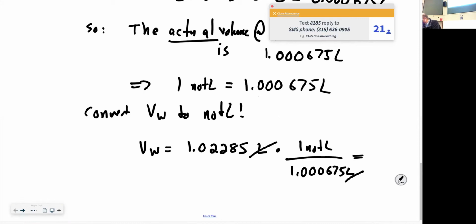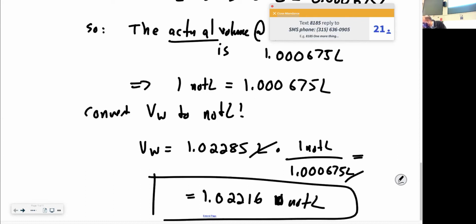The liters cancel out, and it's a straight up unit conversion from liters to not liters. This is going to come out to be, if I've written this down right in my notes, 1.02216 not liters. And that is what should be reading on the new scale on the new expanded beaker.